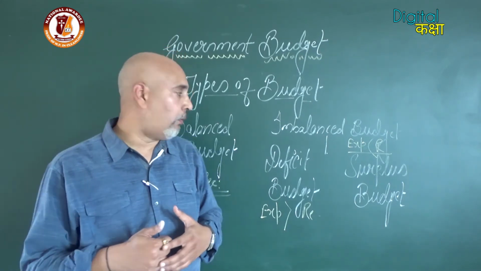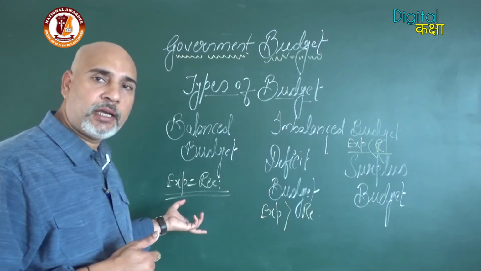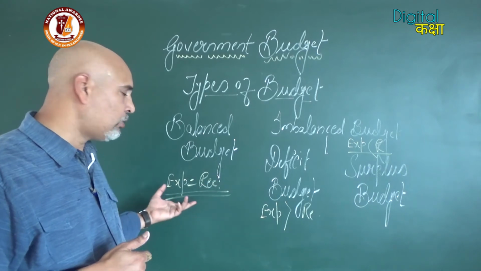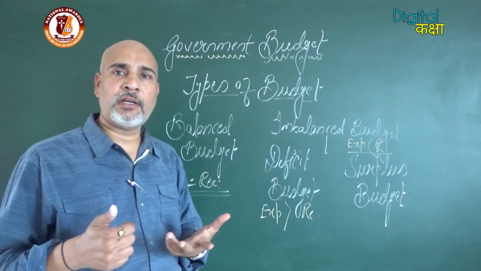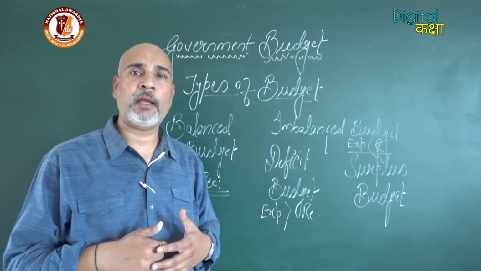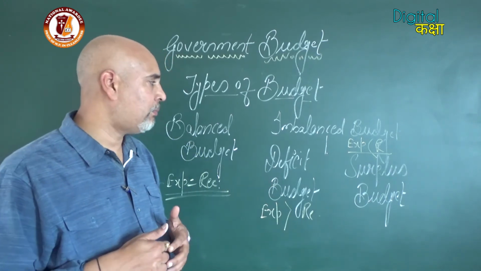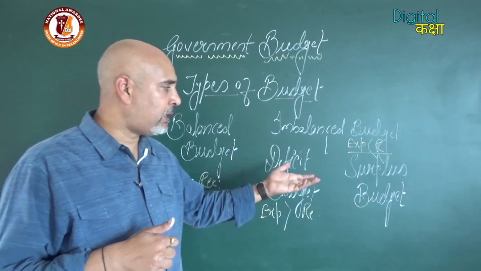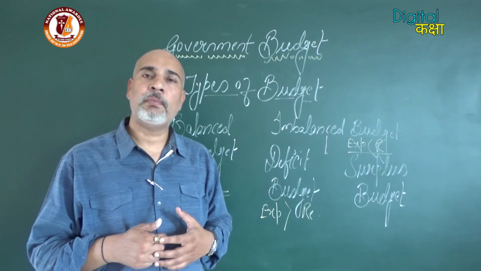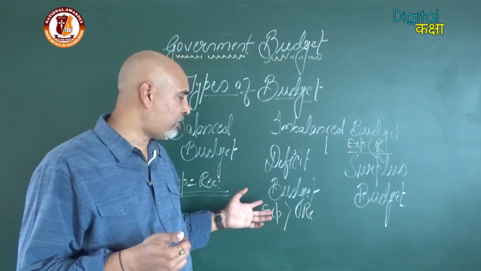Okay. Now, because most countries follow deficit budgeting, a balanced budget is quite a difficult aspect. I don't think any country has ever seen a balanced budget at any time. A surplus budget may be possible, but it is not a practical type of budget. Every country follows deficit budgeting.